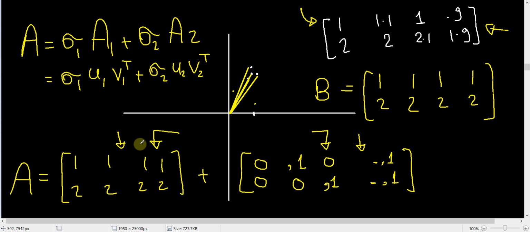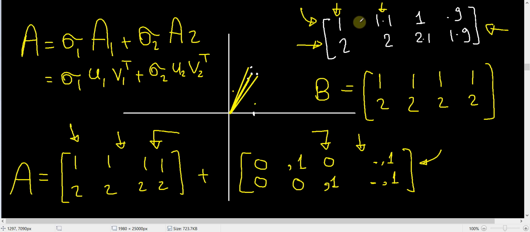What I want to say is that this matrix could be decomposed into the summation of 2 matrices. One of those can be very closely similar to the original matrix, and the other will have only the fine-tuning details that make these vectors different from each other, those very slight differences between the vectors.